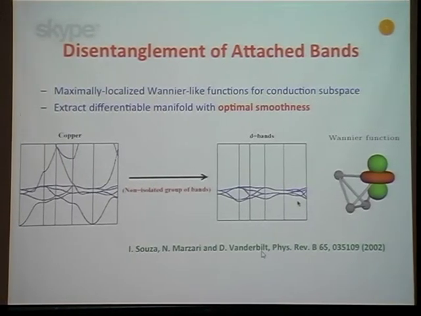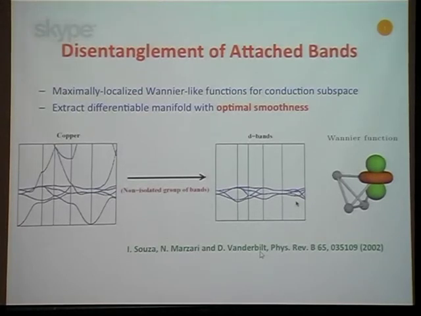In this case, it's going to be dimension 5, and we are going to find out how to do the disentanglement by taking linear combinations of whatever bands I have on the left panel that could be typically 6, 7, or 8. I'm going to take linear combinations of those such that the best 5 that I obtain give rise to a manifold that changes as little as possible as I move around the Brillouin zone, so it maintains as much as possible its character.